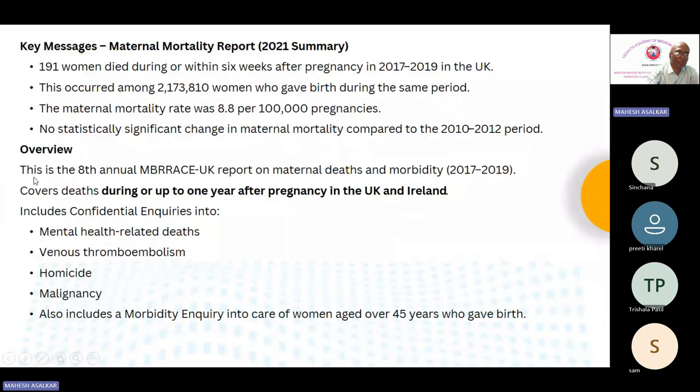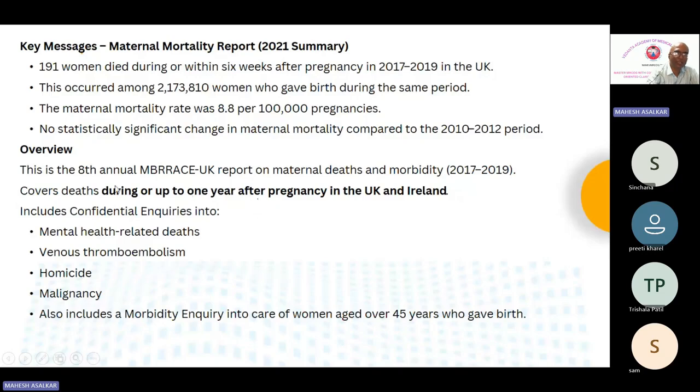Okay. So this is the 8th annual MBRRACE UK report on maternal deaths and morbidity. So this particular report also takes into account the morbidity, not only the maternal death, but this report is about the morbidity during the period 2017 and 19. So it covers the death during or up to 1 year after the pregnancy in the UK and Ireland. Okay, so that is the late death.